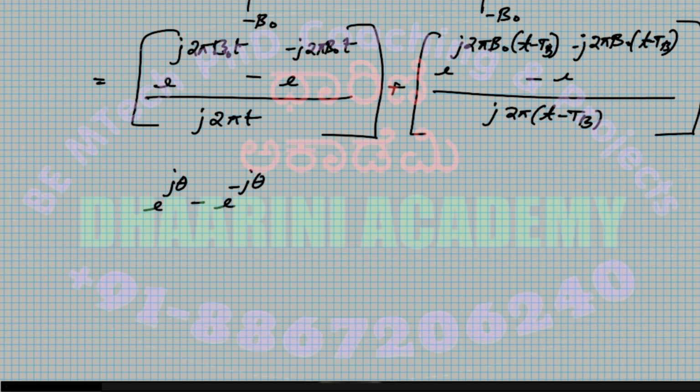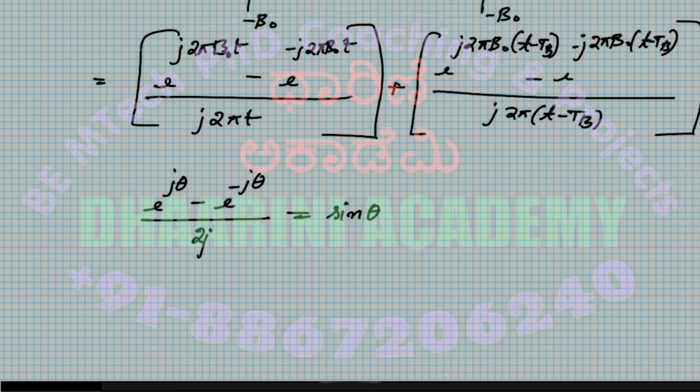That's right. So we can actually bring the sine into the picture. Right, so let me write it this way. It's e to the j theta minus e to the minus j theta by 2j, which is nothing but the sine function, sine theta. I can see a 2j over there, correct?